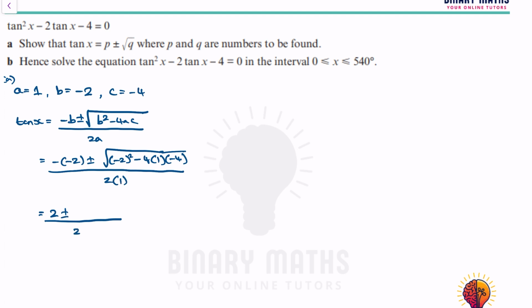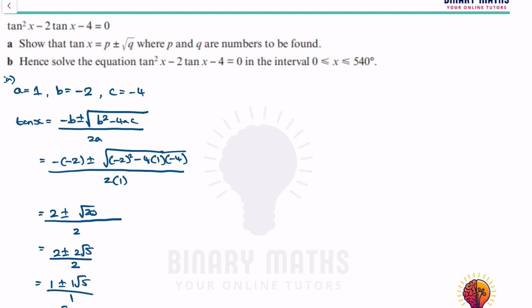Minus 2 squared is 4 plus 16 gives me plus 20, root 20, which is the same thing as 2 plus or minus root 20, which can be simplified as root 4 times root 5, which is 2 root 5, all over 2. There's a common factor of 2 everywhere, so it's the same thing as 1 plus or minus 1 root 5 over 1, which is just 1 plus or minus root 5.